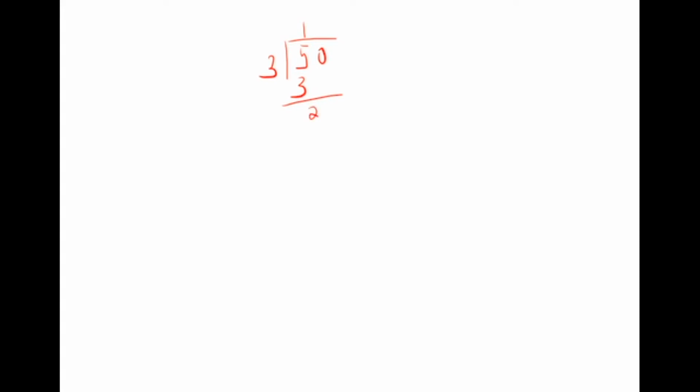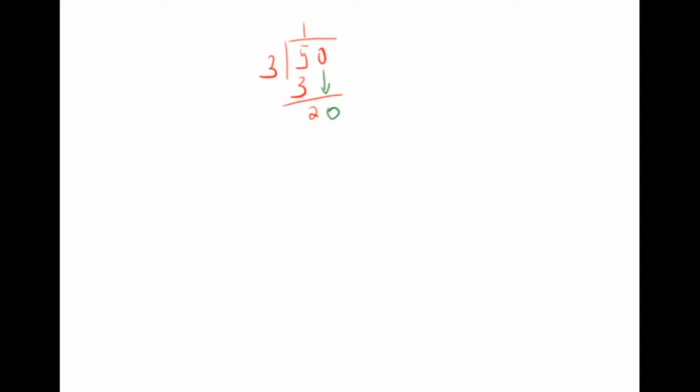Then remember to drop this 0 here. Therefore now we have 20. Then which number do we multiply by 3 to give us 20 or a number near 20?